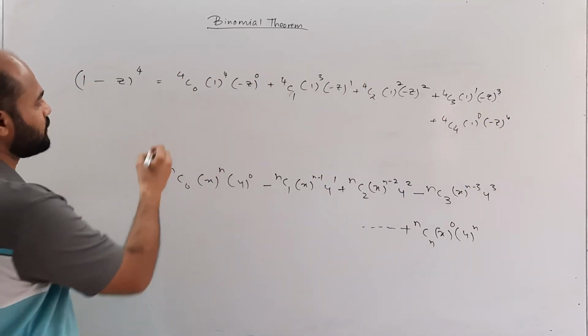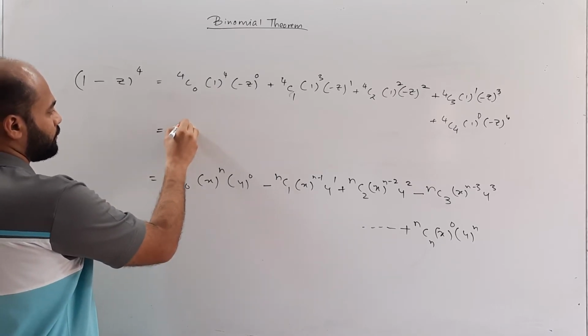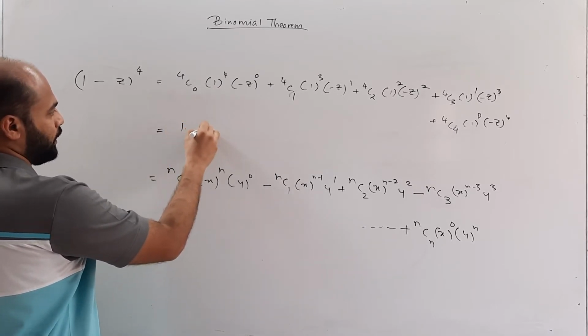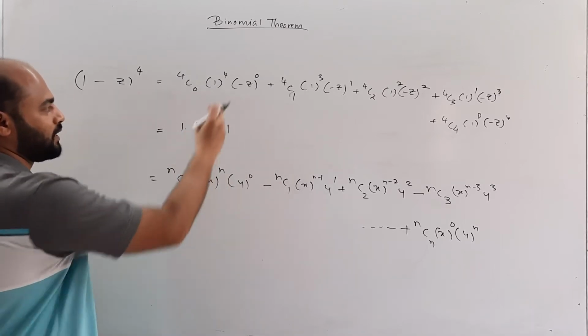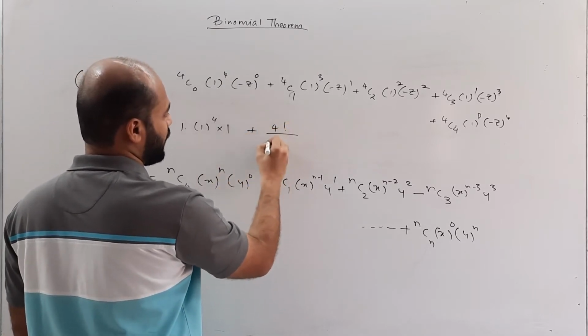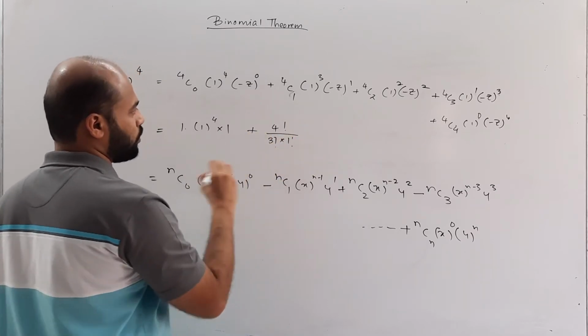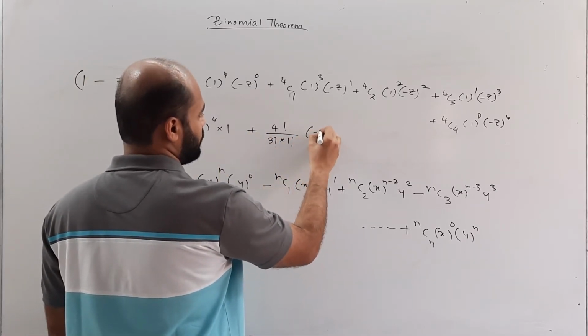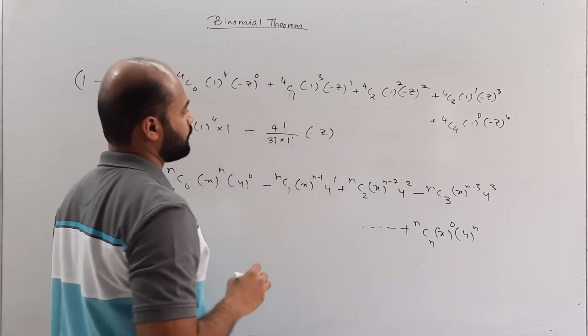Now let us expand this. So 4C0 is going to be 1 into 1 raised to 4, and this is also going to be 1 because minus z raised to 0 is 1. Second one here is going to be 4 factorial by 3 factorial into 1 factorial. So what will remain over here is 4, and this is minus z. So we will just adjust this sign over here.